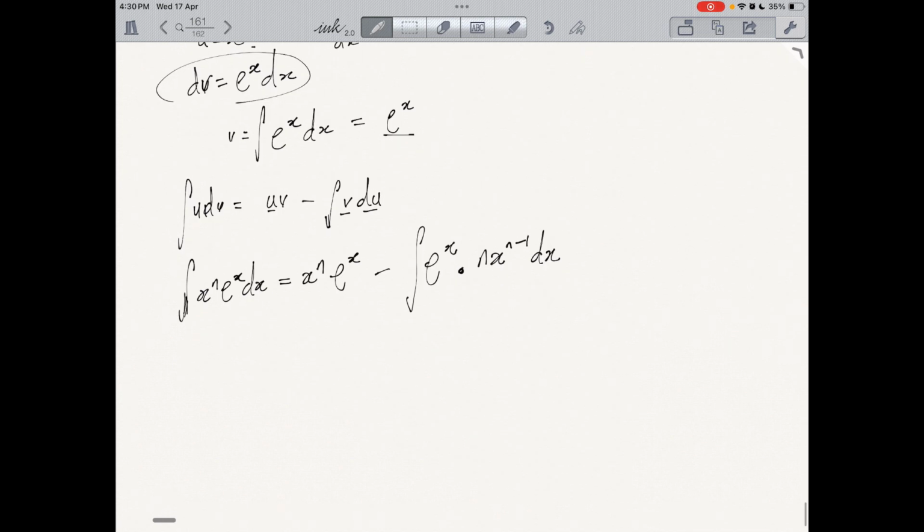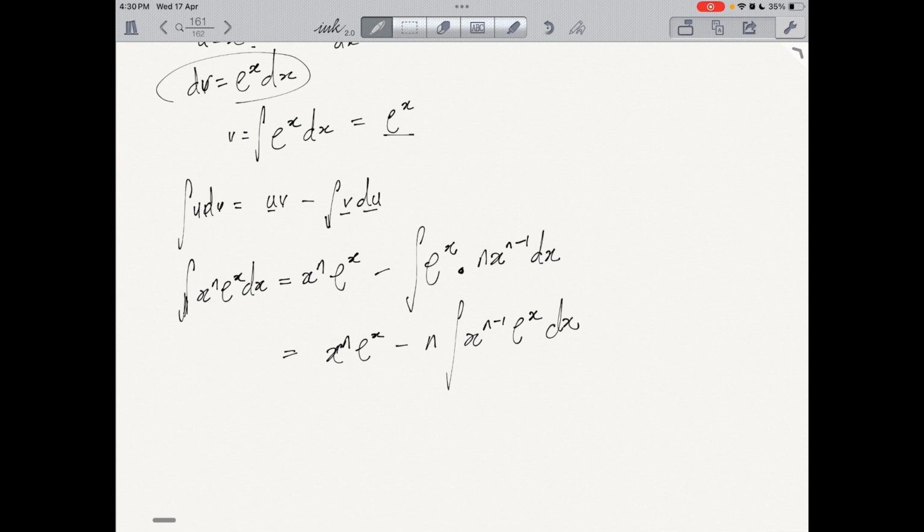Now this will be equal to x raised to power n exponential x minus n, a constant which can be brought outside, times the integral of x raised to power n minus 1 exponential x dx.